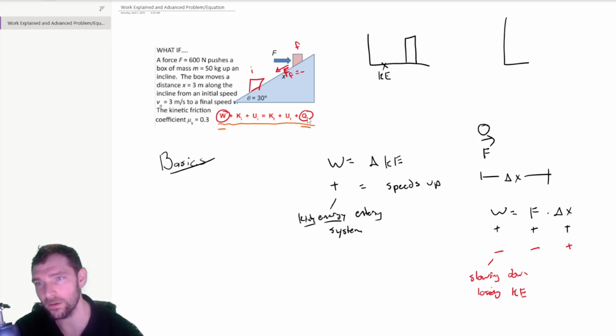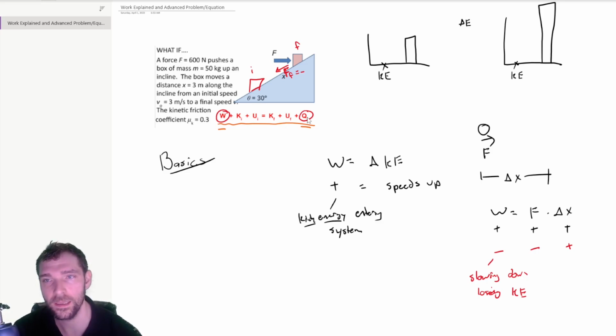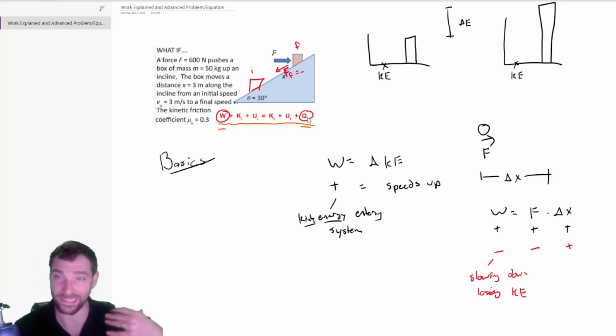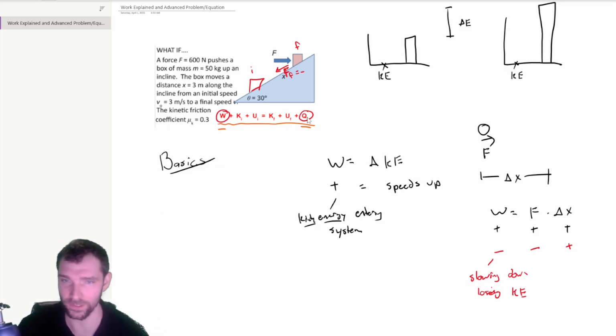And ultimately, we still have no kinetic energy, but we've got a lot more potential energy. But this change in the energy is related to some force that we've been putting energy in and some friction that takes it out. So you can include that.